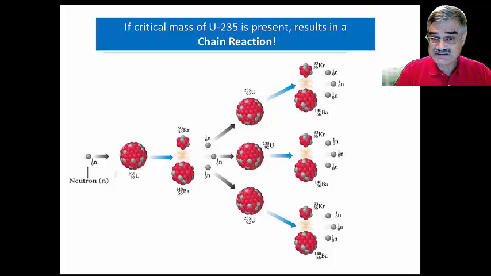Now, it turns out for this type of chain reaction, this type of explosive reaction to take place, you have to have what is called a critical mass. That is, the uranium ore that we find in the earth is less than 1% uranium-235, less than 1% of that particular isotope. Most of uranium is uranium-238, which is not fissionable in this way.